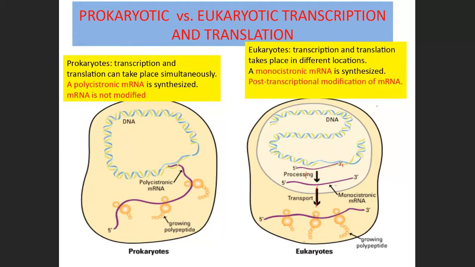In the case of prokaryotes, you can see why prokaryotes grow so quickly and are metabolically so active, because transcription and translation are happening at the same time. The cell doesn't have to wait for transcription to begin translation.